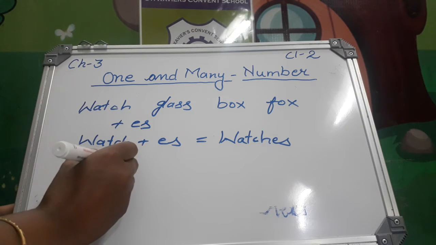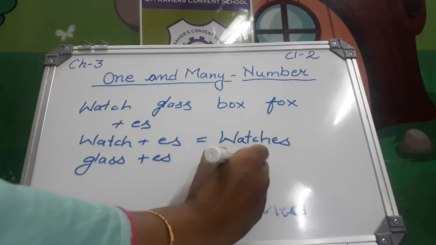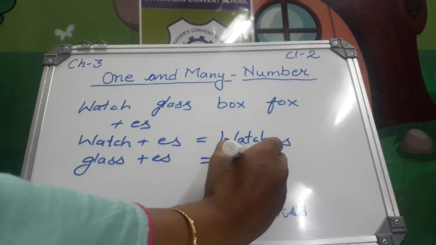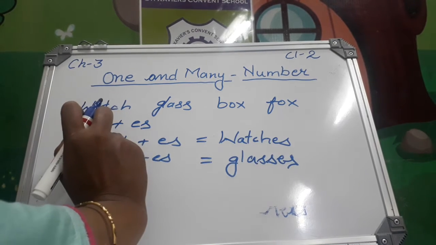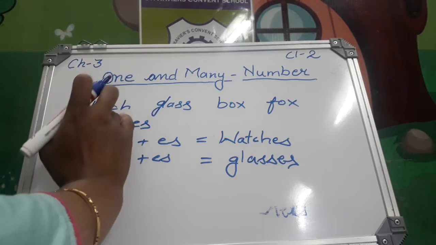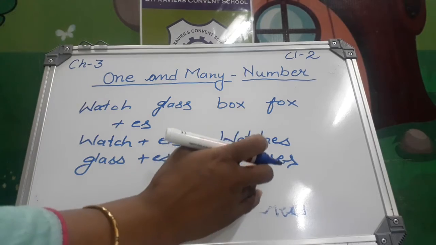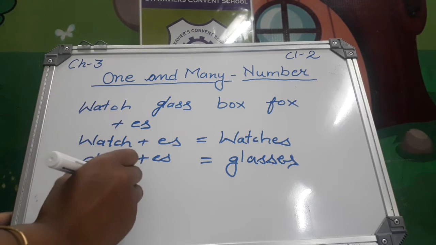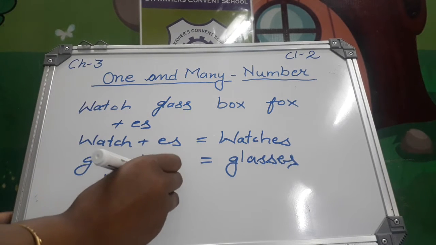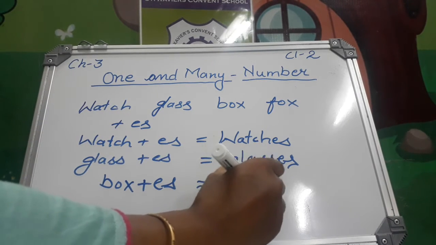Glass plus es, glasses. This is singular and this is plural. This is one, this is more than one. Box plus es, it will be boxes.